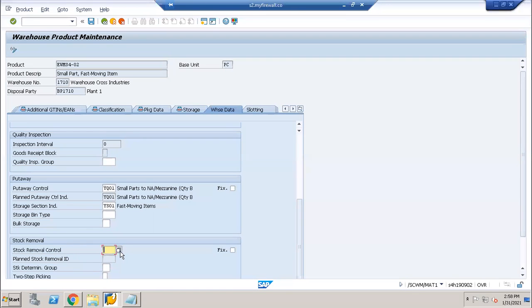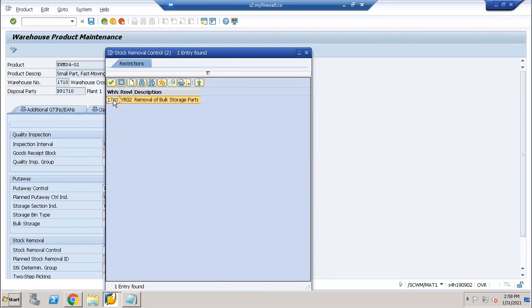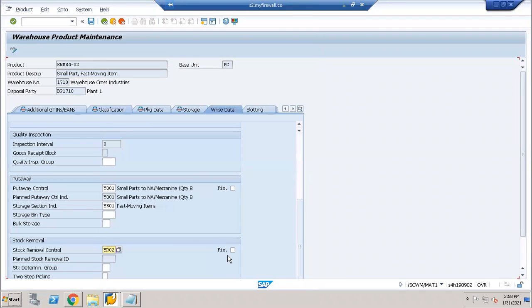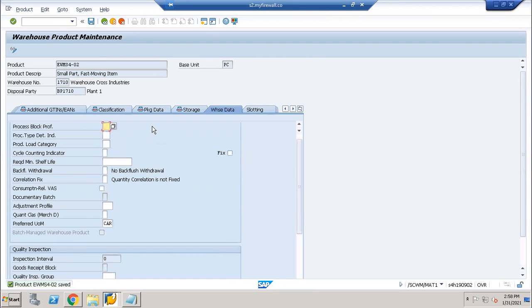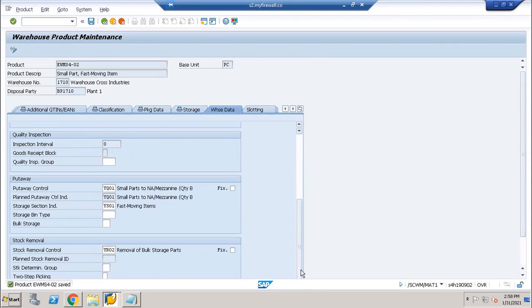We can have the option of YR02, and we can make it fixed also. Fixed means it cannot be changed, and if it is not fixed, then it can be changed depending upon other scenarios and sequences. So we can save it. Depending upon this indicator, this material will go for the picking strategies for this indicator.